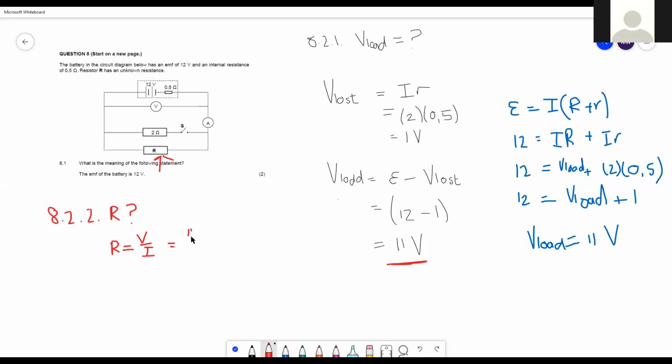So it's 11 volts divided by the 2, which they gave us in the question. And we should get 5.5 ohms. Okay, then let's go see what the rest of the question says. Everyone's fine with that? That makes sense what I just did?